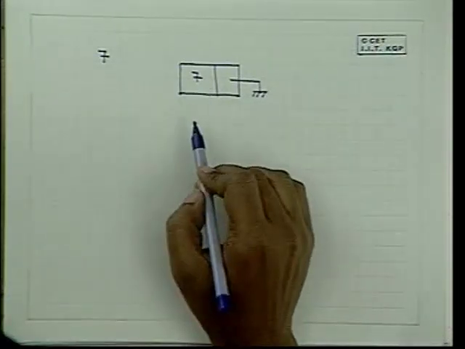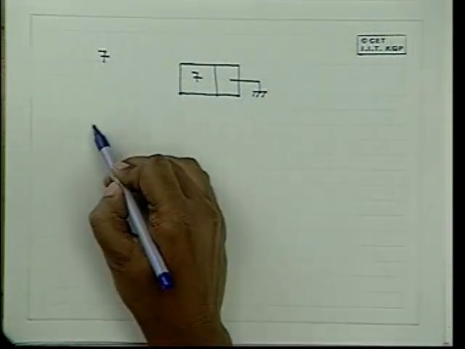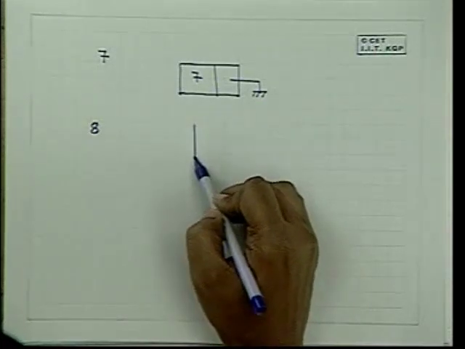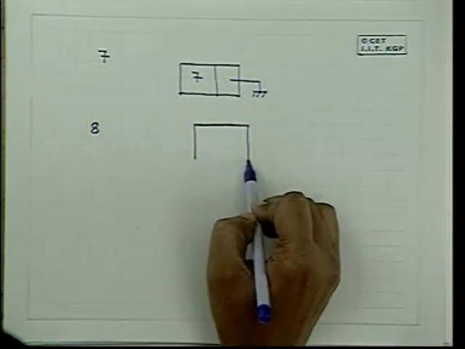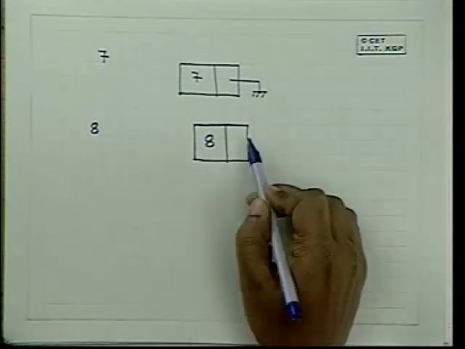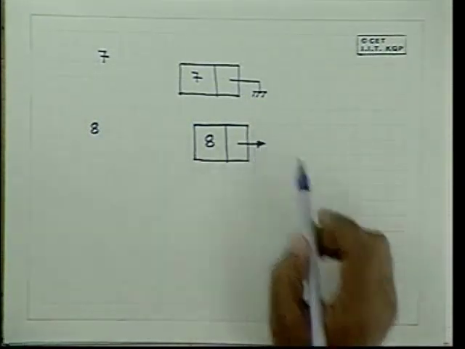The next item which is read, suppose the next item read is 8, then we will allocate another piece of data, make this 8, and we have two options here.